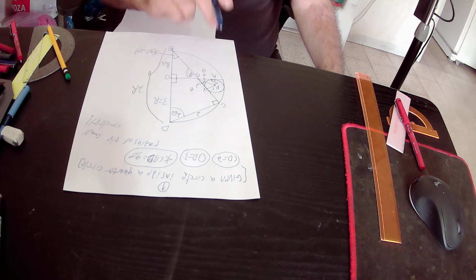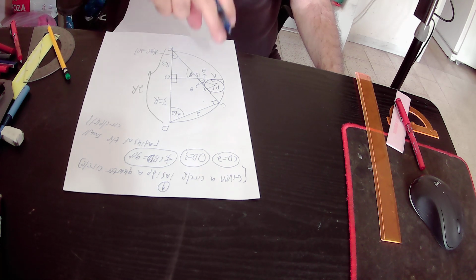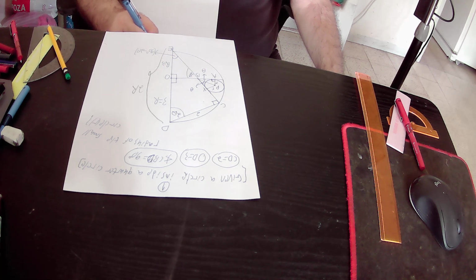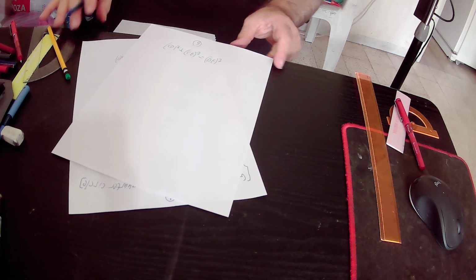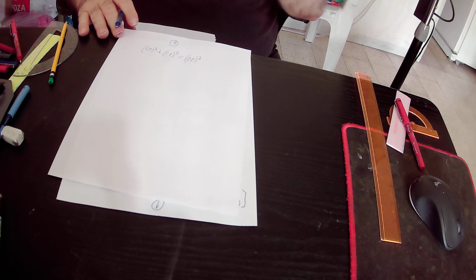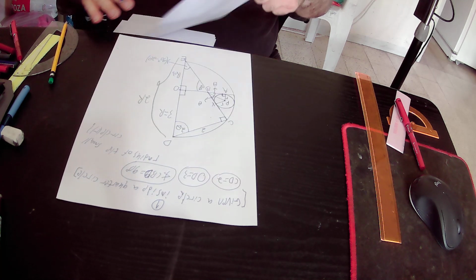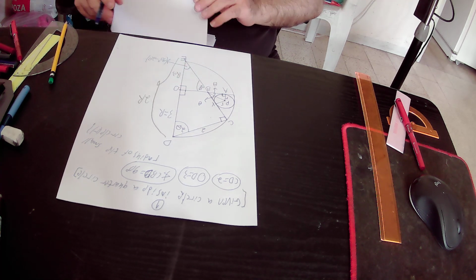That is to say, CD square plus CE square equals DE square. But what is the value of CD? CD equals 2 units. It is given in the question.